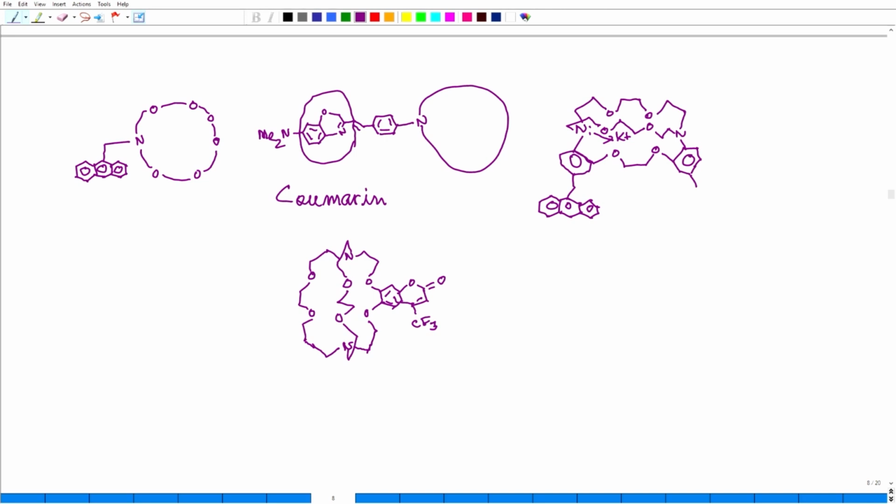So, that means we now have many systems where you have either receptor and fluorophore integrated, or receptor and fluorophore connected through spacers of different kinds. In both systems, the mechanism is photo-induced electron transfer.